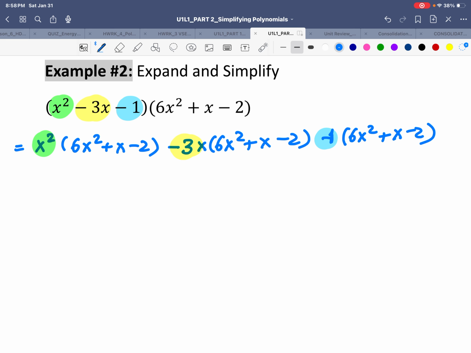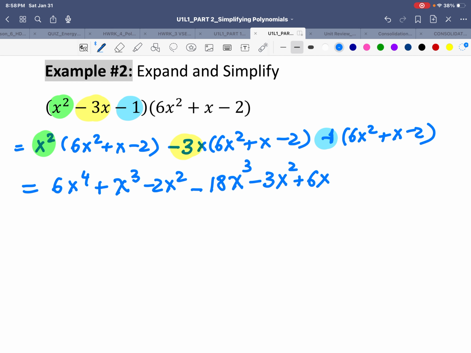And then from here, we are going to simply multiply by every term. So we have 6x to the power of 4 plus 1x to the power of 3 minus 2x squared, minus 18x to the power 3 minus 3x to the power 2 plus 6x.